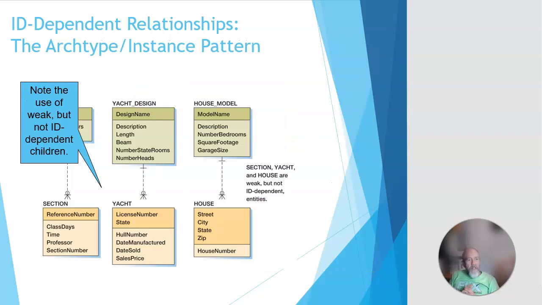And you can kind of see a yacht itself, however, has the ability to be weak, and it has the ability to also be strong. In this case, we're dealing with those as weak instances, but they're not ID dependent in this case. And this is specifically a decision point where you're going to make decisions about how you want to model that data.